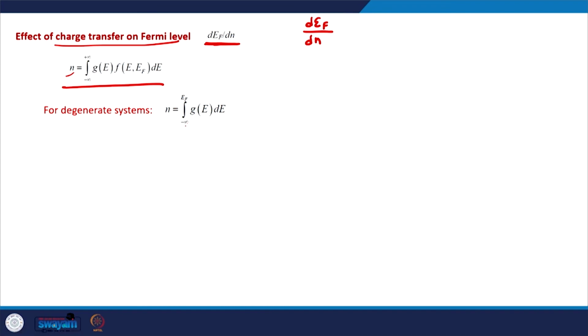In most systems, for example in metals, only the states up to the Fermi level are occupied. So, this integration is taken only up to EF, and up to EF this Fermi function is 1. So, n can be rewritten as this.